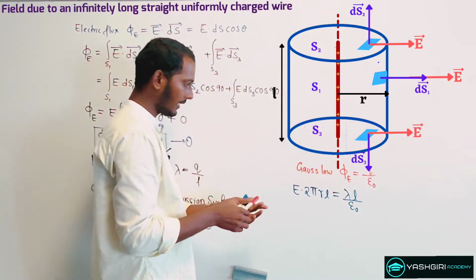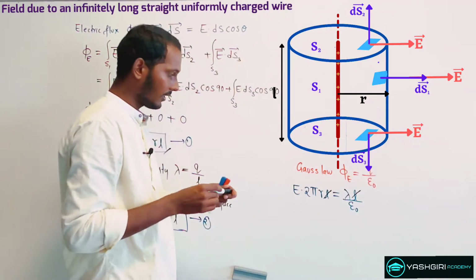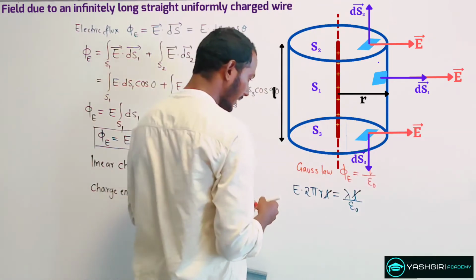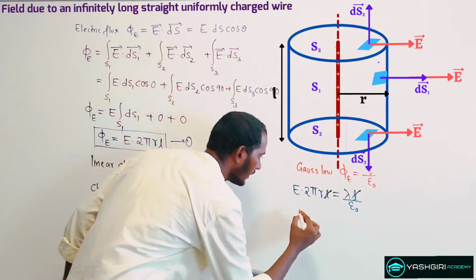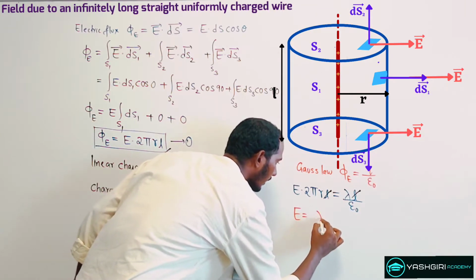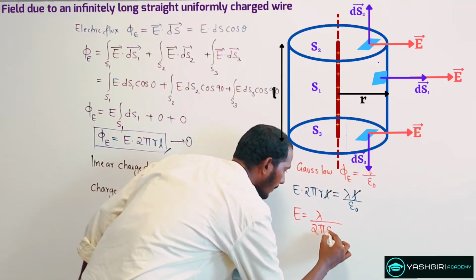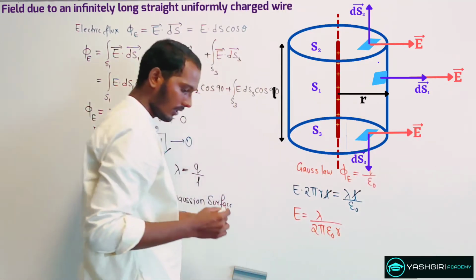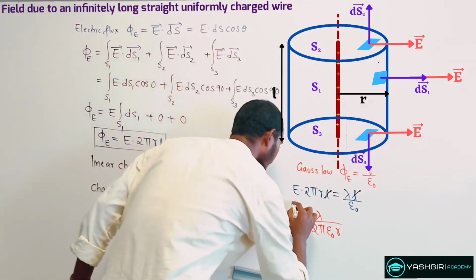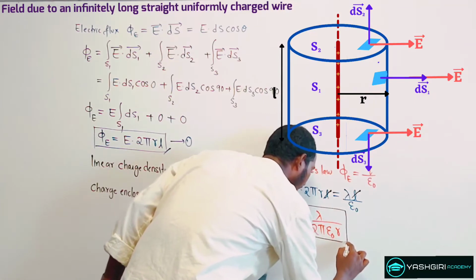And here the L and L will get cancelled. So if I just rearrange this expression, what I'll be getting, the electric field E is equal to lambda upon 2π epsilon naught into r. So this is the magnitude of the electric field.